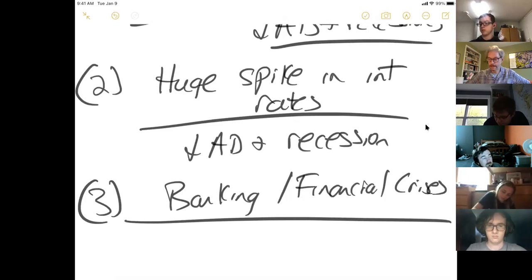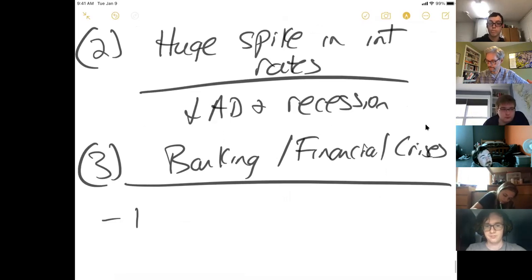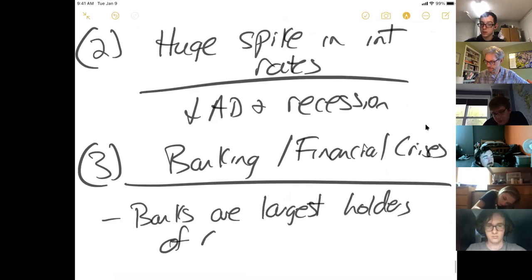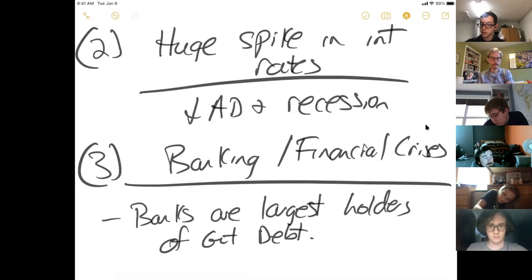Usually, a country will also experience a banking or a financial crisis. Banks are typically the largest, if not one of the largest holders of government debt, government bonds.